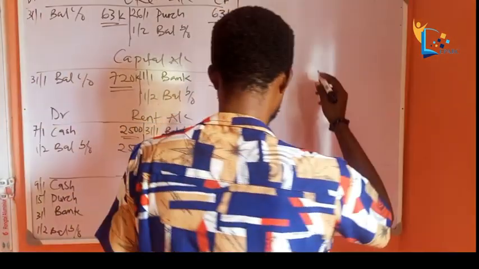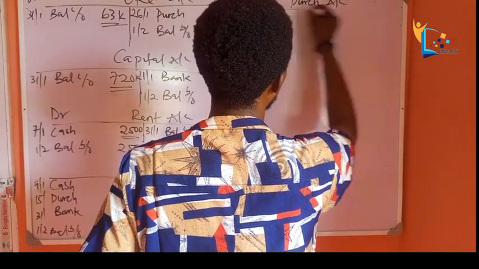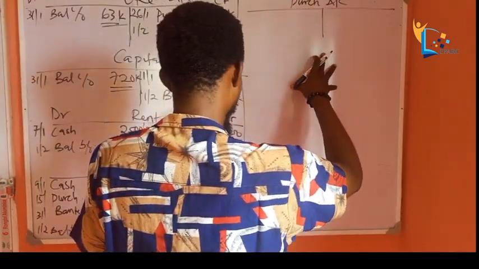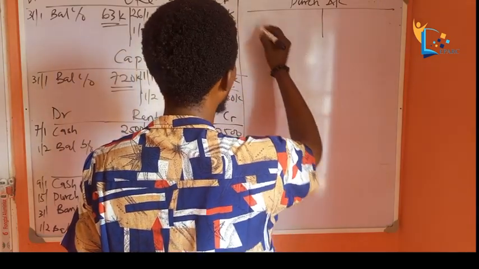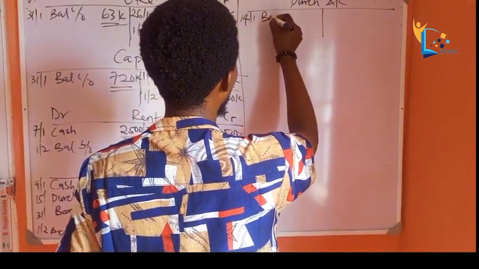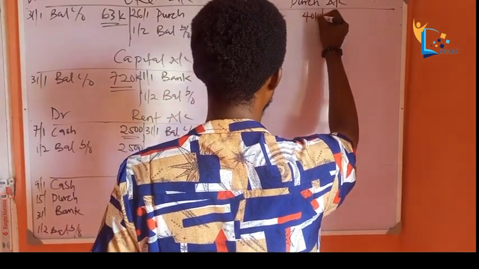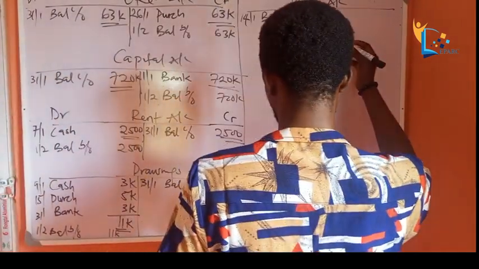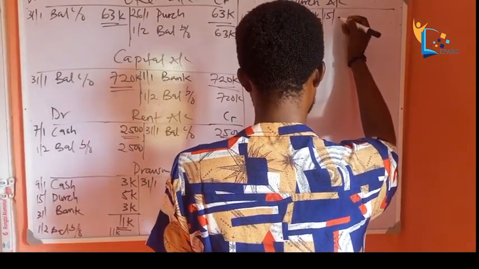All right, the next is the purchase account. On the 14th, we purchased by cheque. If you check our cash book, you'll see this transaction there. How much? 40K. Then on the 15th, we withdrew goods.